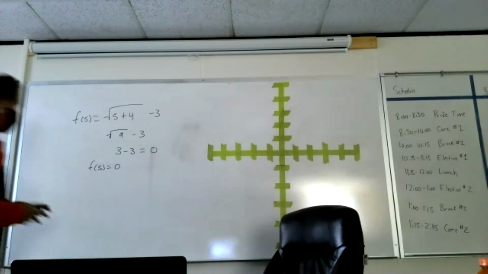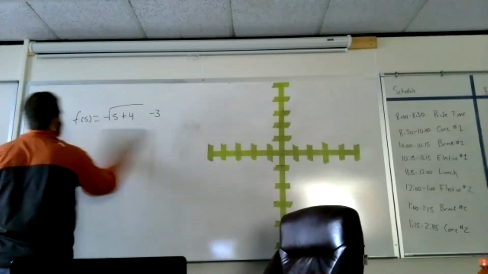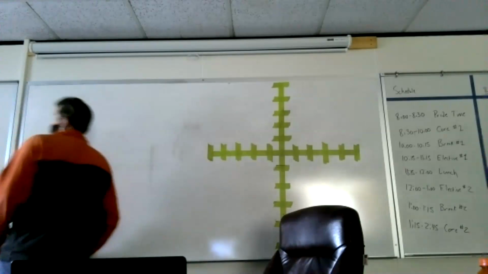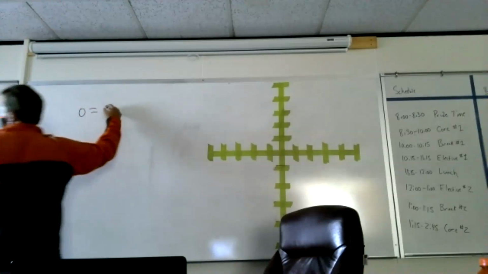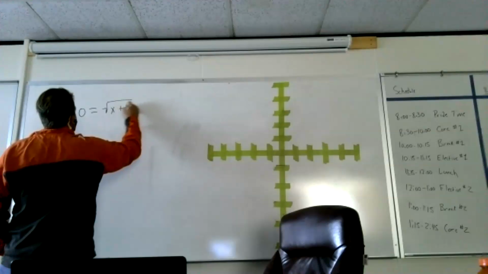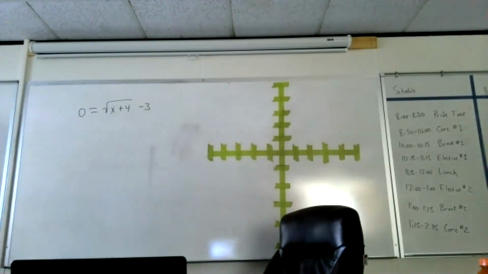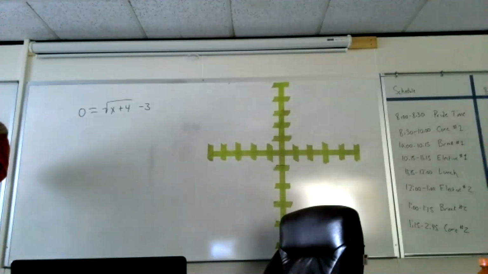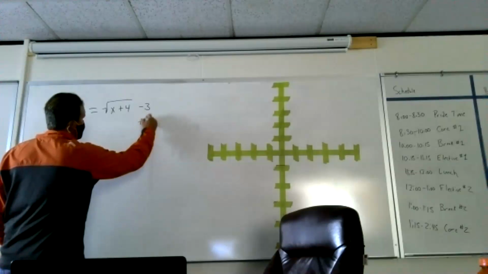Okay, and I could make that happen. Or the other way I could do it is for f of x, I plugged in 0 here, so the square root of x plus 4 minus 3 equals 0, and then I tried to solve for x. Trying to solve for the x value when my function is equal to 0. So I add 3 to both sides.